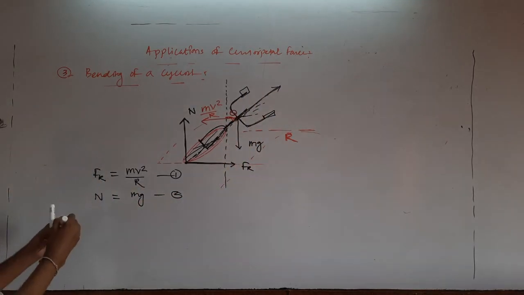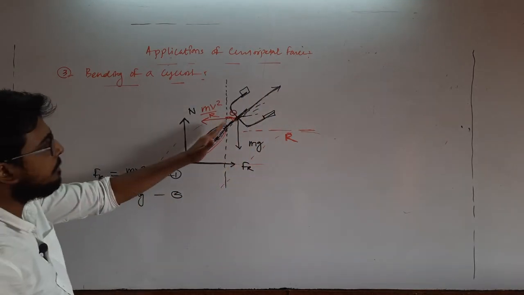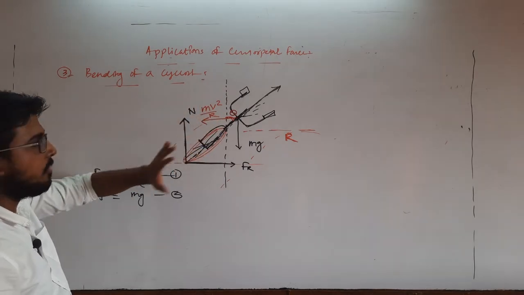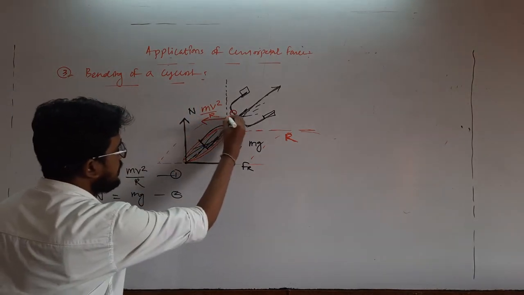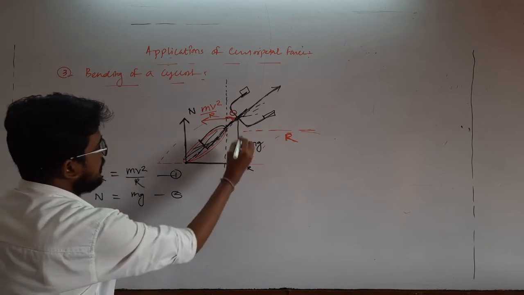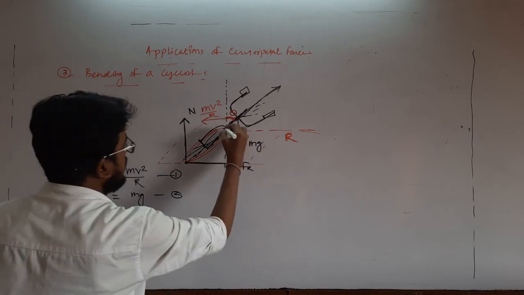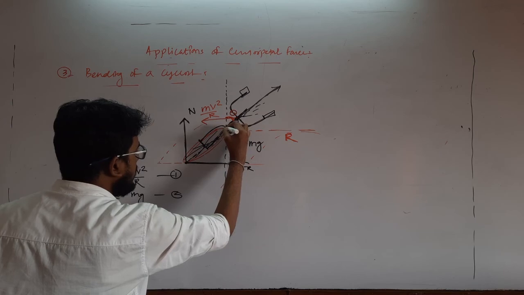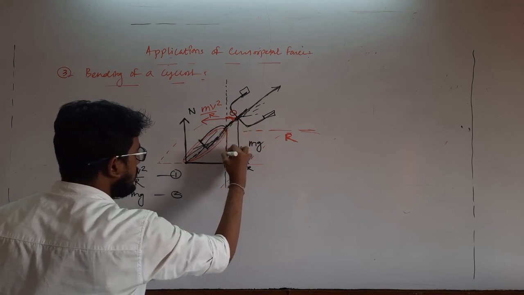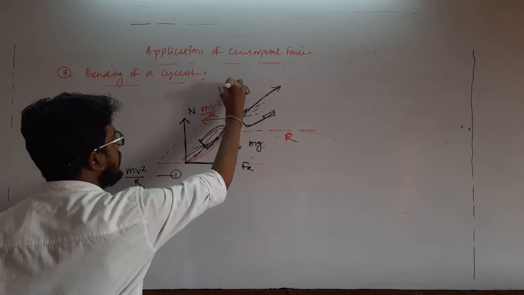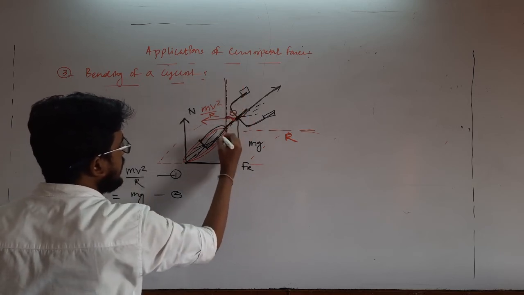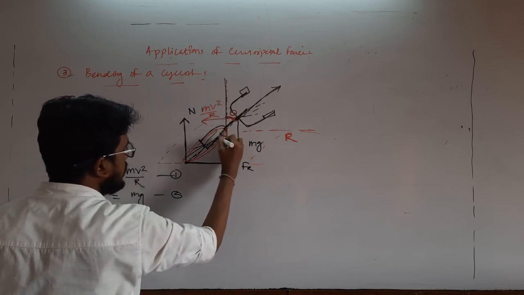So in this case, if the vehicle is in equilibrium, if this angle is theta, then from this inclination, this is the vertical line. Clear? If this angle is theta, I can take this angle also theta.